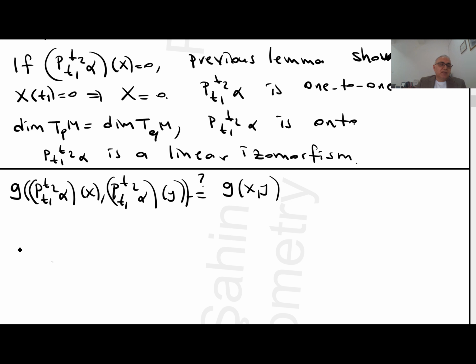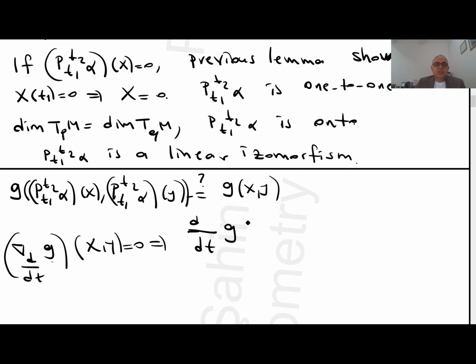But first, because g is a Riemannian metric and nabla is a Riemannian connection, you have this one.